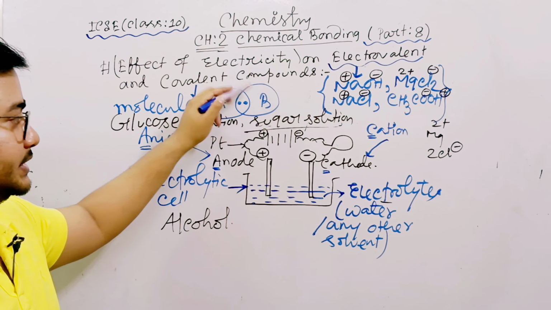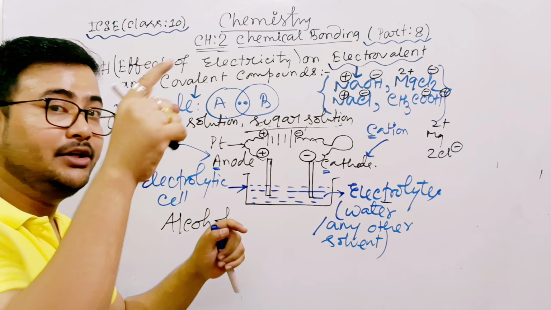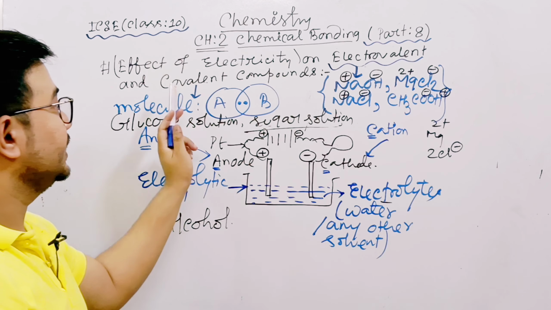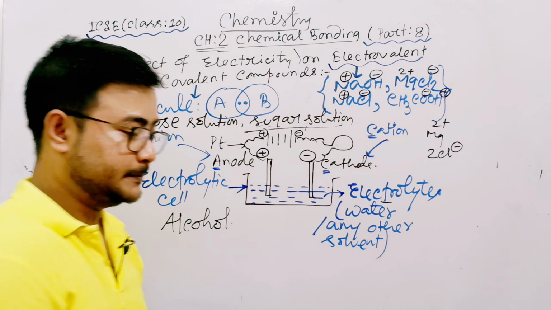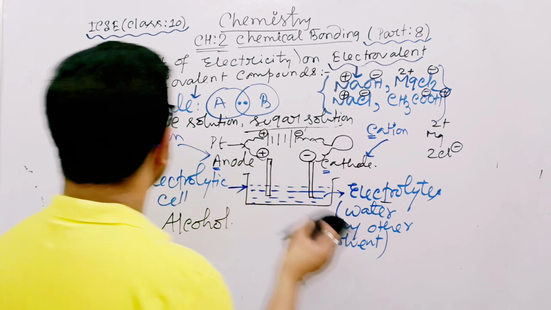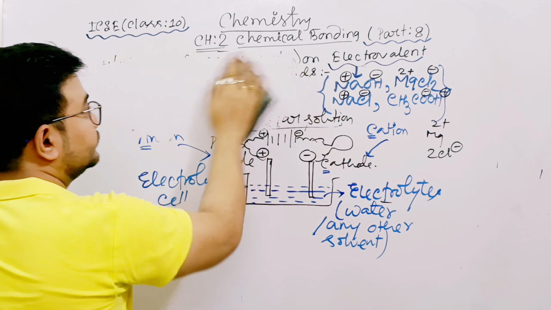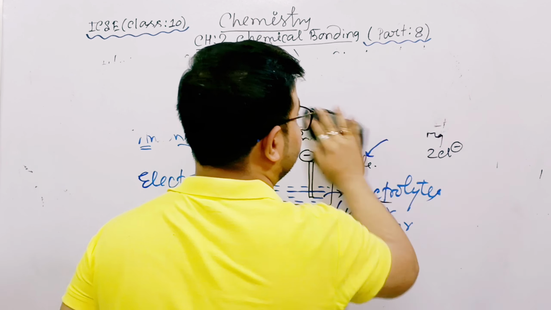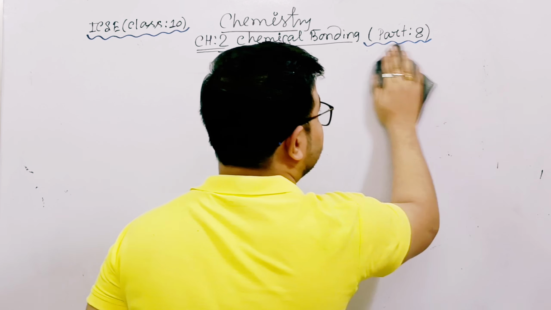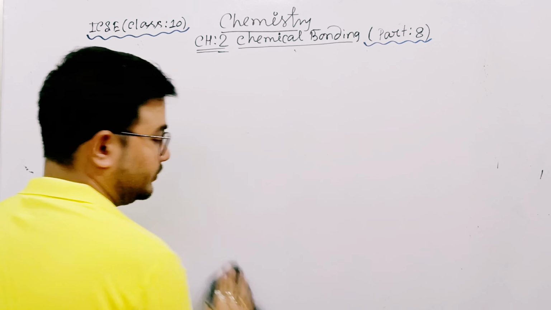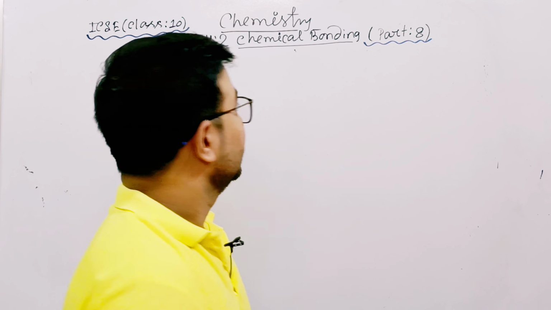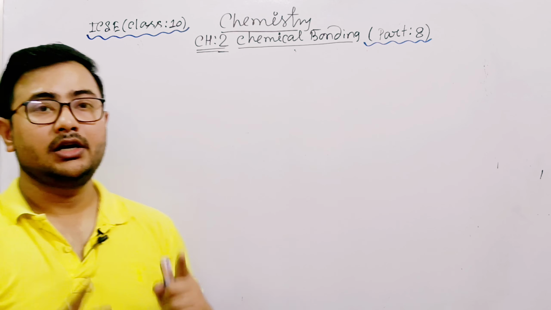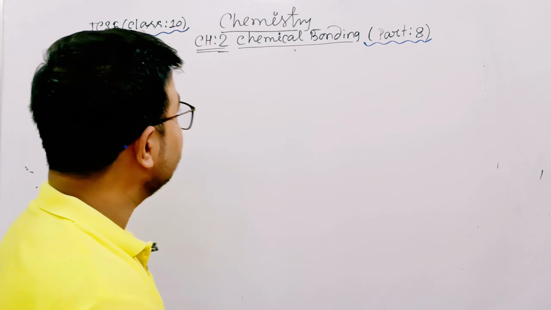Effect of electricity means, in one word, electrolysis of electrovalent and covalent compounds. Done. So now we will go to the next topic. What is our next topic?